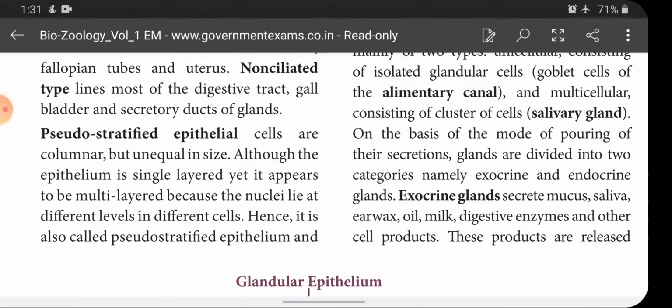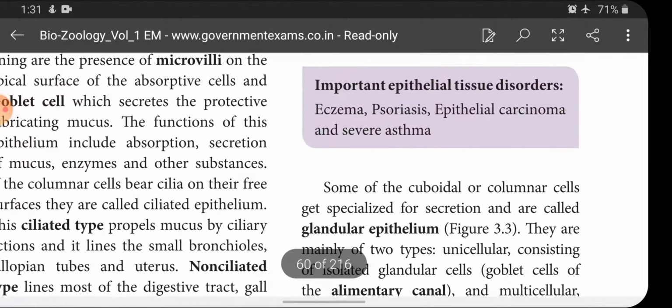Strata means layers, one above the other, so it looks like many layers. That is stratified. Pseudo means what? False. It is made up of only a single layer. Since the nuclei in these cells are located at different levels in different cells, it looks like many strata in a single layer. Hence it is called pseudo-stratified epithelium.